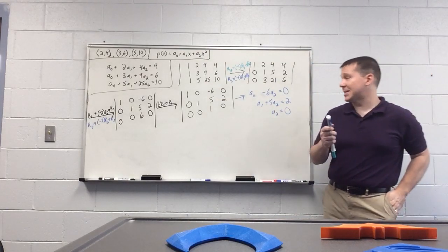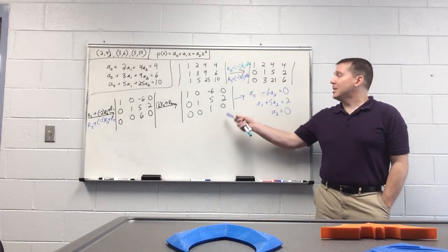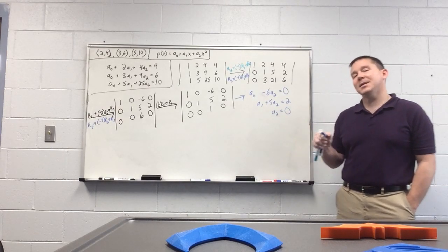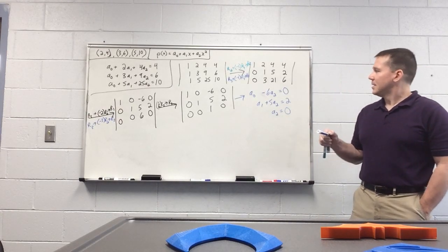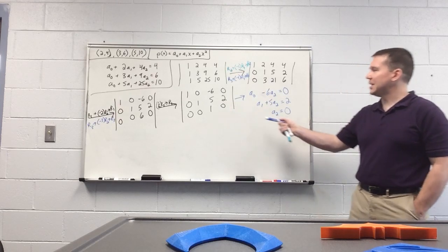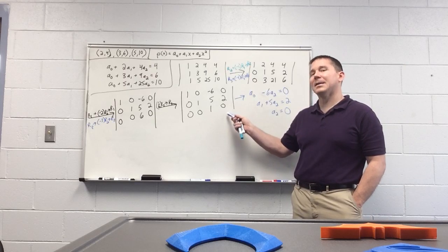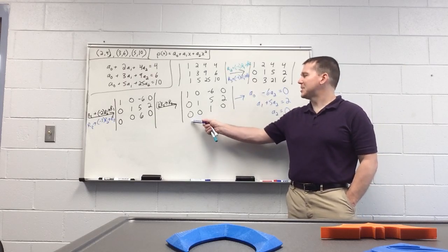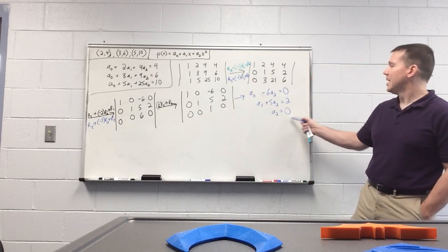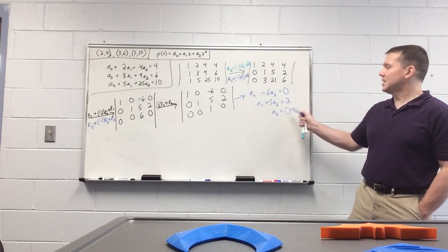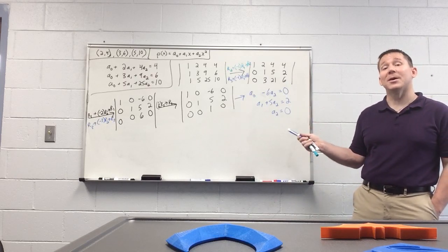And I actually do stress this. When you see this, this does not mean there's no solution, even though I see the 1 and the 0. If it was the other way, 0 and 1, then it would be, because I'd have 0 plus 0 plus 0 equals 1. But here, this just says that a sub 2 is equal to 0.